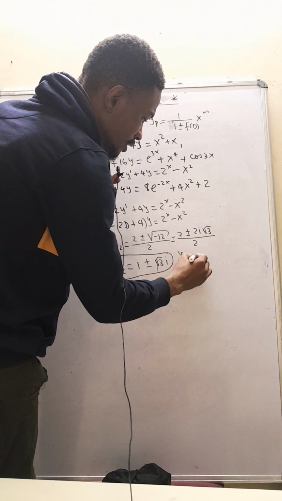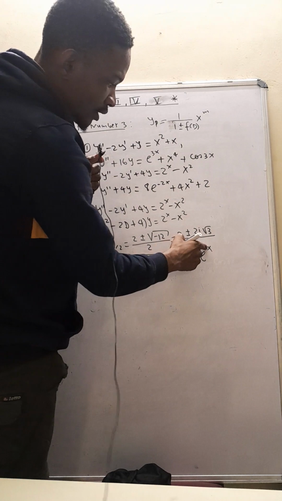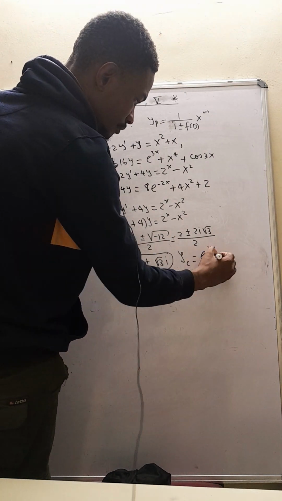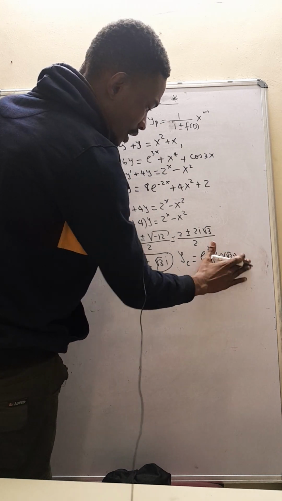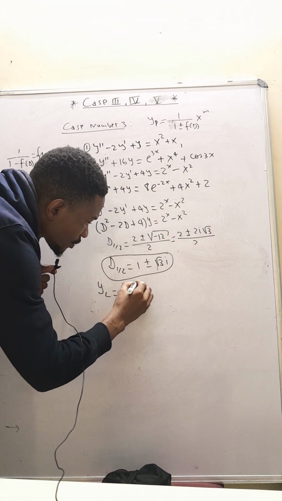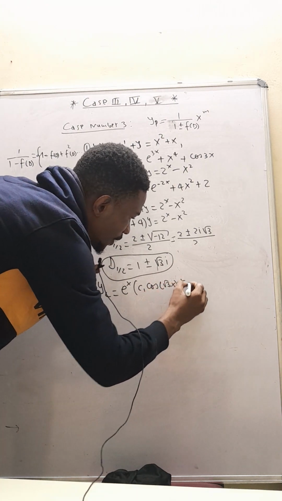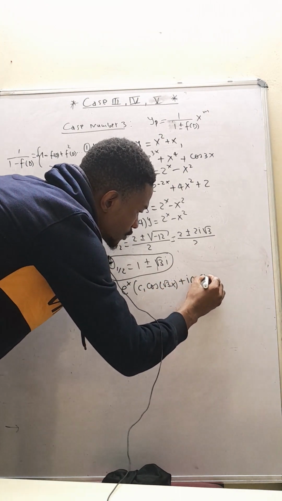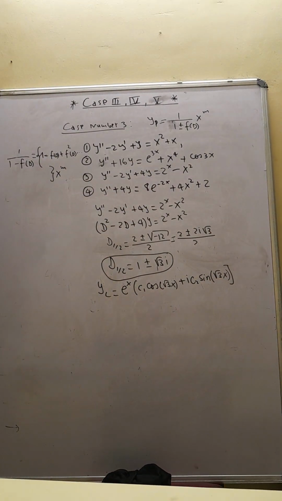So yc will be equal to Euler raised to, here I have the real part, 1x times cos of root 3x, okay, no space there. So yc will be Euler raised to x, c1 cos of root 3x plus i c2 sin of root 3x. Right? So now this is the solution. So what will be the next step?